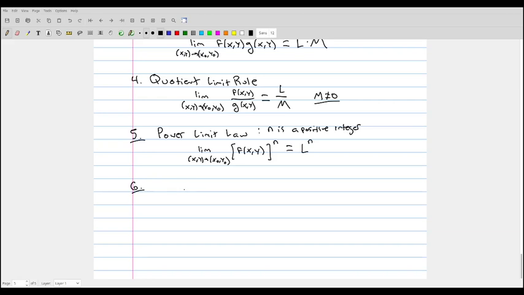And similarly, the root rule, or the root limit law, is the exact same statement, only for the nth root.